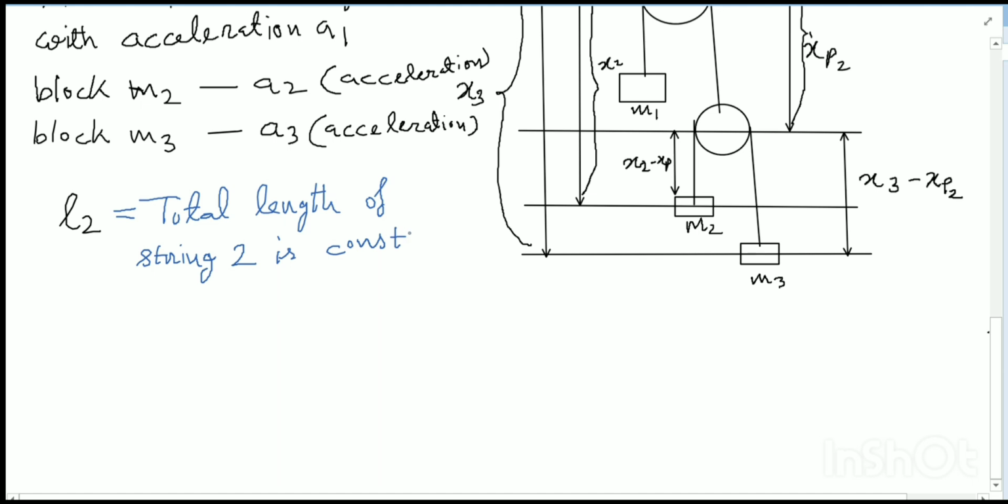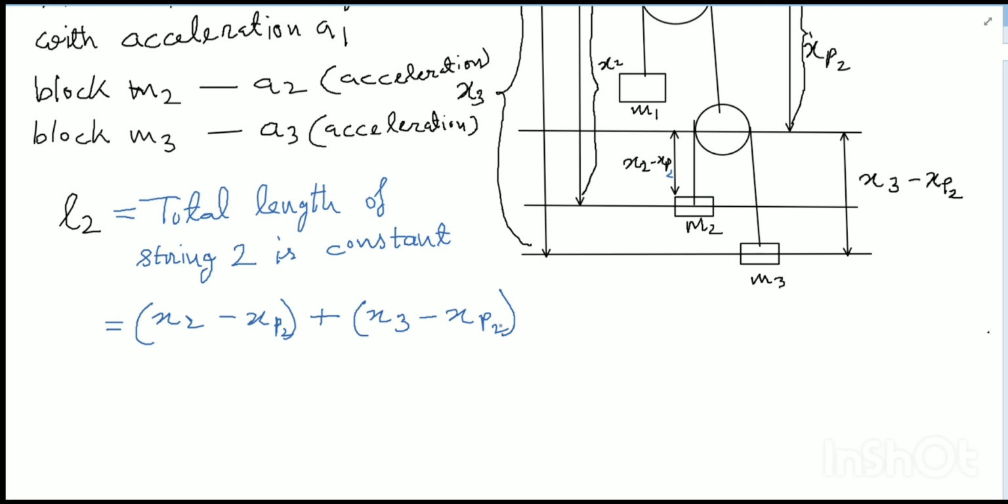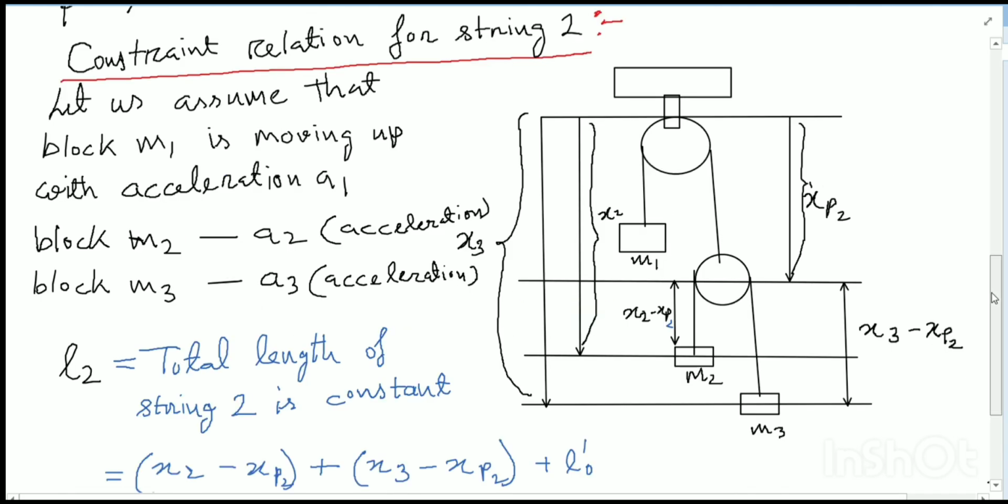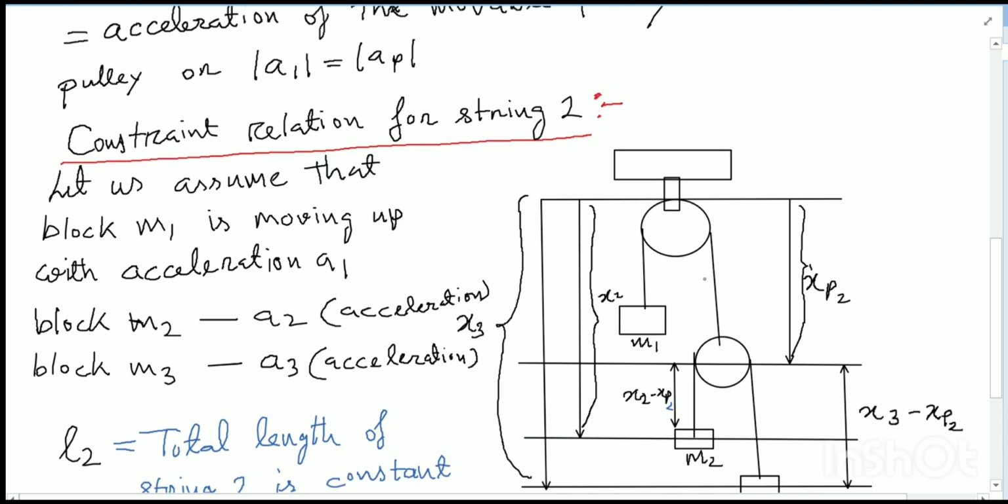L2 can be written as X2 minus XP2 plus X3 minus XP2, plus L0 dash. L0 dash means extra length, which is not calculated, since I have only calculated distance. So it is a constant length.